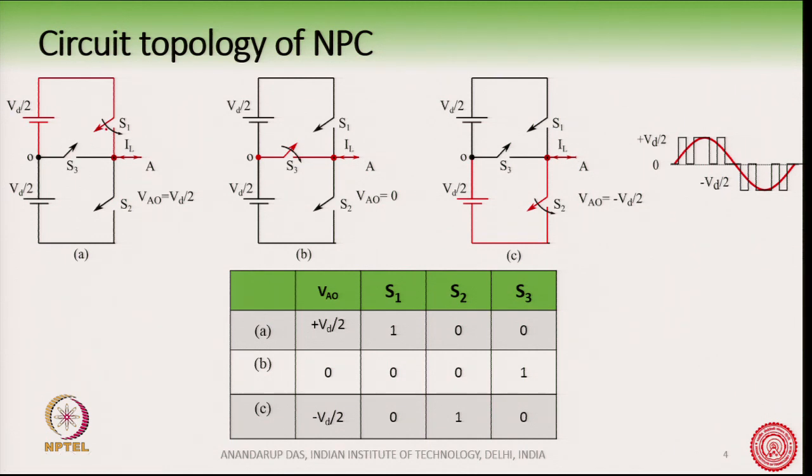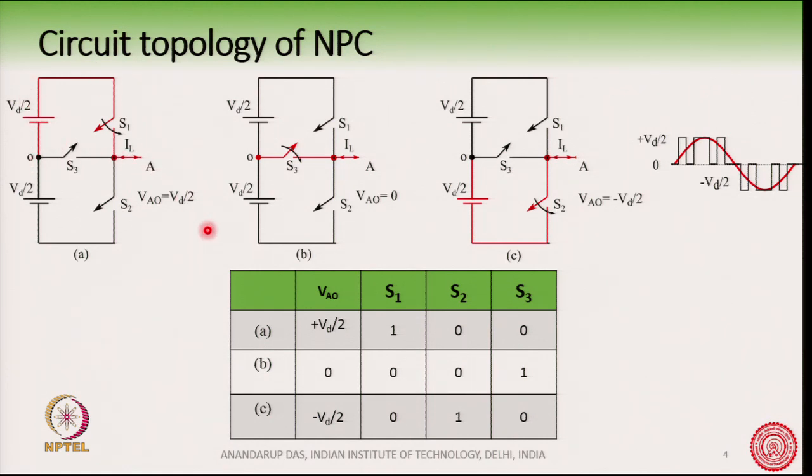So, suppose this is shown in this figure and also in this table. If I turn on S1 and I turn off S2 and S3, then with respect to this O point or 0 point, the voltage VAO is Vd by 2.